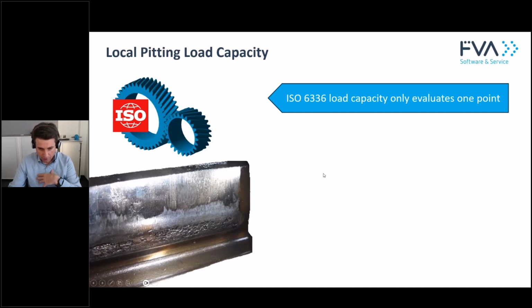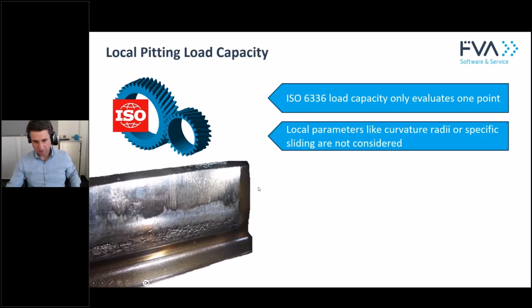The problem with ISO 6336 load capacity is that it only evaluates one point. And you need to trust that this one point is representative for the whole flank. This is mostly correct, but there are some cases where it's probably insufficient.